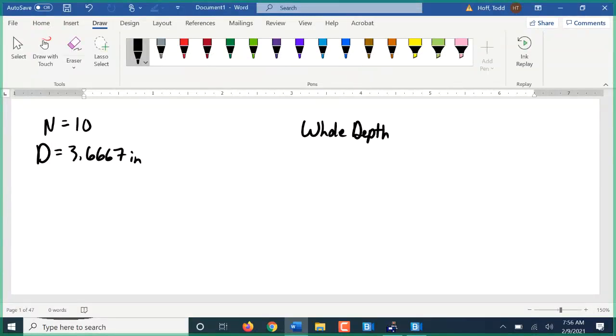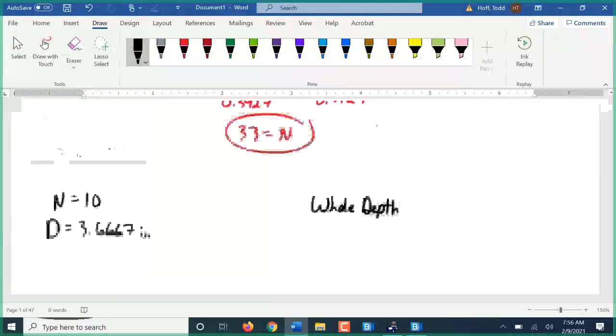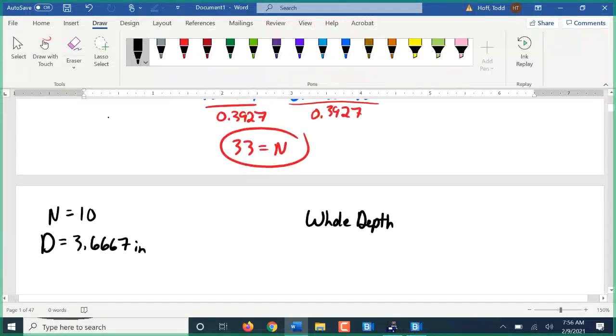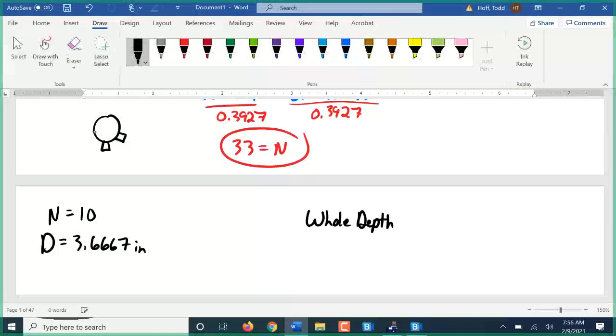So this is the depth of the tooth. Remember, there's two depths on a tooth. Boy, my artistic abilities, it's amazing how much they grow from day to day. So there's our gear. Pretend that looks like a gear. The hole depth is from the outside of the tooth all the way in. It's the outside diameter to the inside diameter.